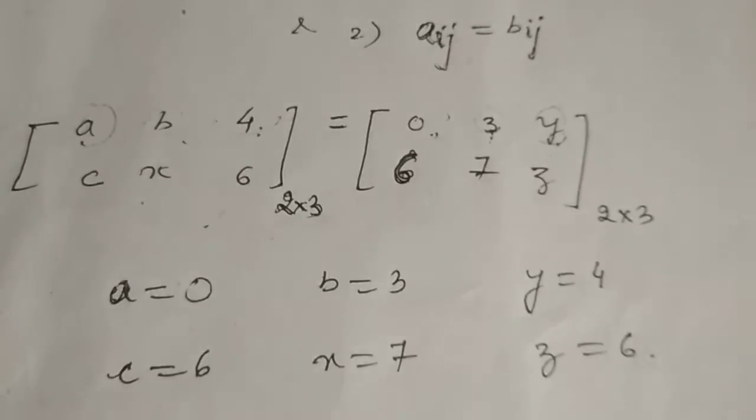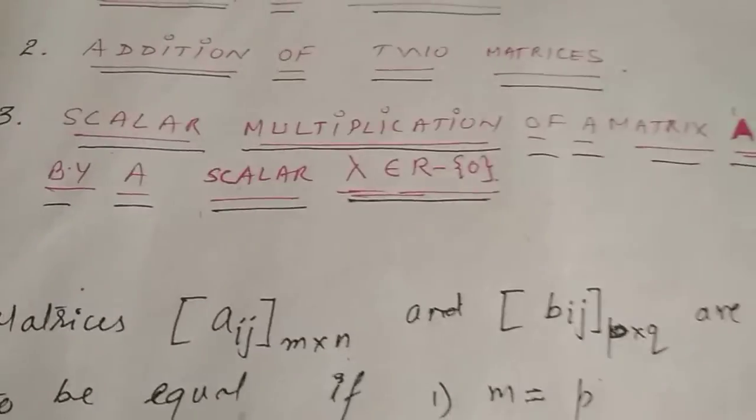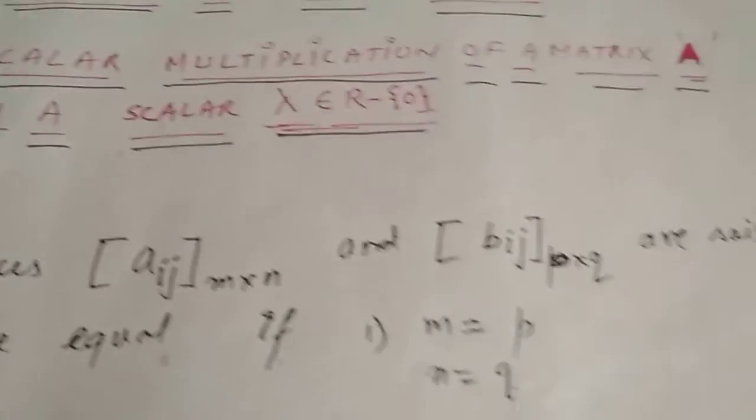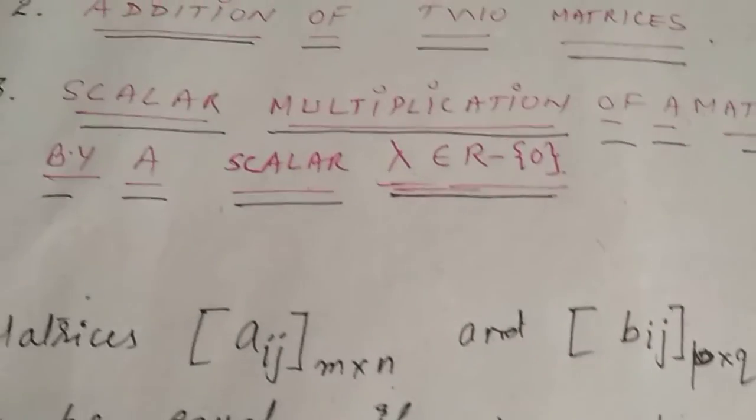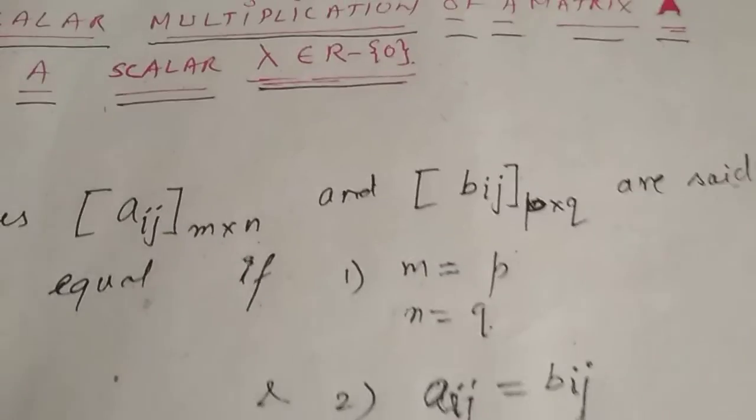Then one more topic, which is what? The scalar multiplication. What is a scalar multiplication of a matrix A? Just a minute. The third topic, scalar multiplication of a matrix A by a scalar number lambda. Suppose you have a matrix.